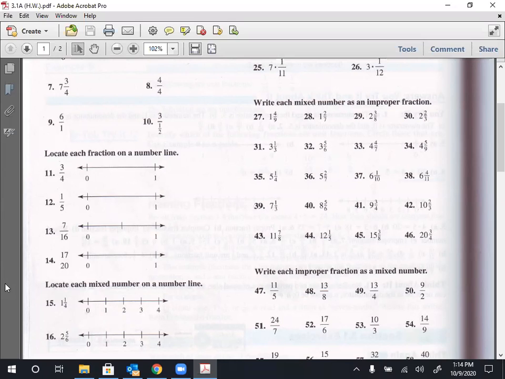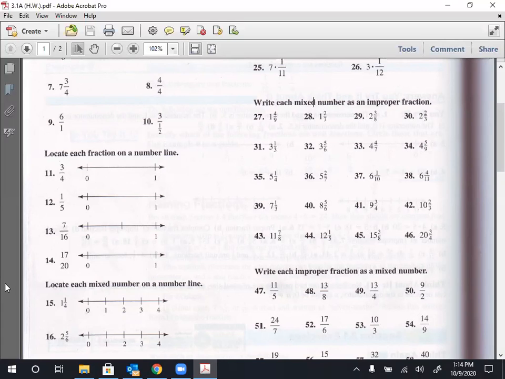What do you think that is? 3 times 3 is 9. 3 times 3 is 9, Luis. Plus 1 is 10. So what's my answer? 10 over 3. The bottom doesn't change, okay? Basically, you're adding a 0 and removing the 3.